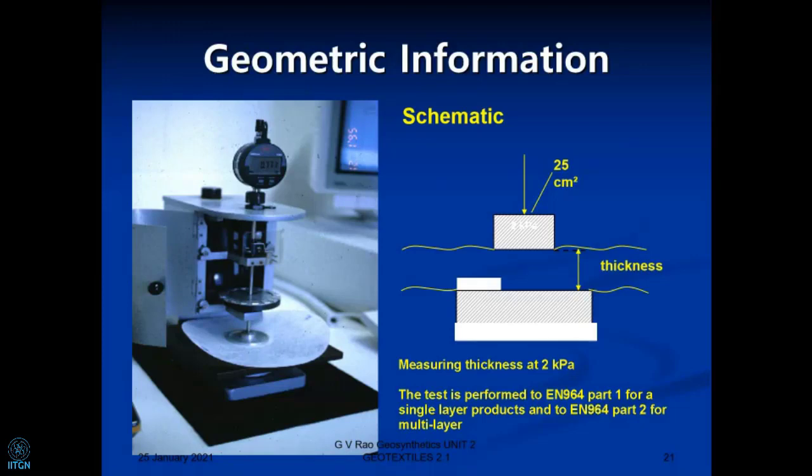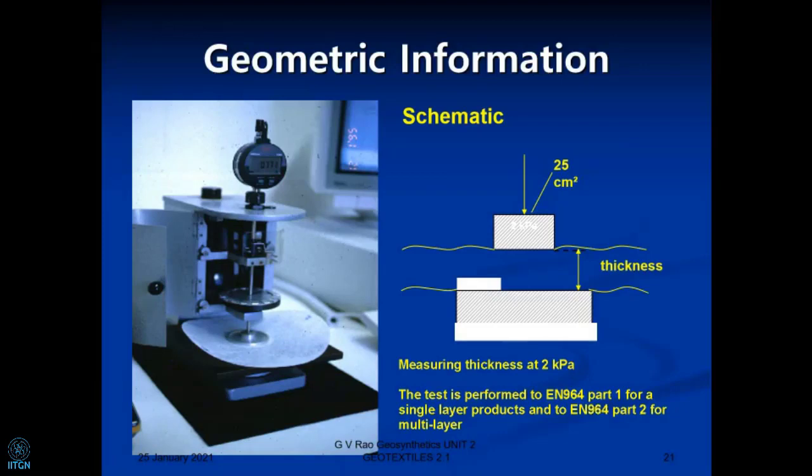So we have equipment wherein we apply, at least in the beginning of our studies, 2 kilopascals, and not only 2 kilopascals but also 10, 20, 30 and like that, so that we understand the compressibility of this material. For example, if you change the pressure you apply on a woven geotextile, what's going to happen? Nothing is going to happen. It's not compressible. Only a non-woven is going to be compressible.